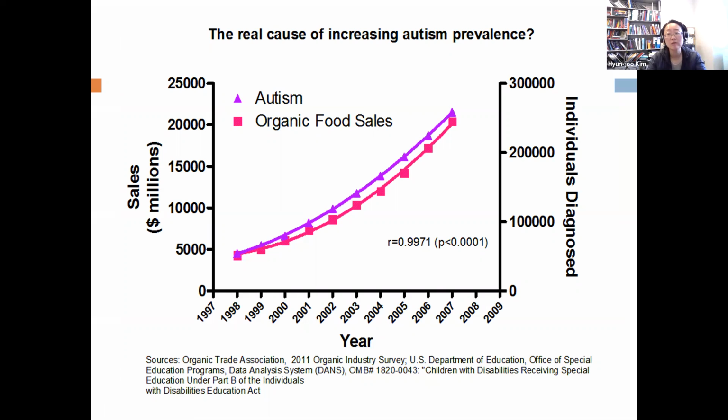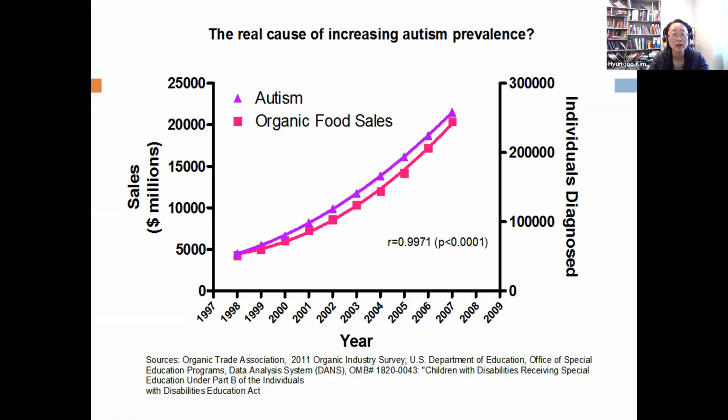Here is another important caution. This particular graph is a regression line with time, but this is not exactly what we want to talk about. We want to imagine the regression line between the number of autism cases and organic food sales.